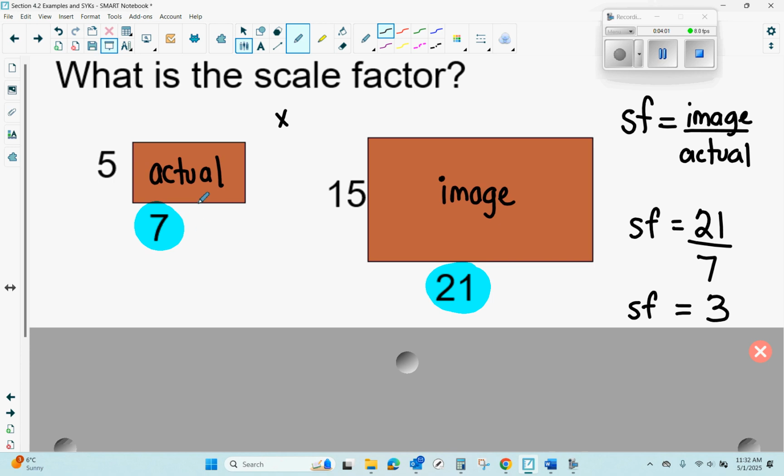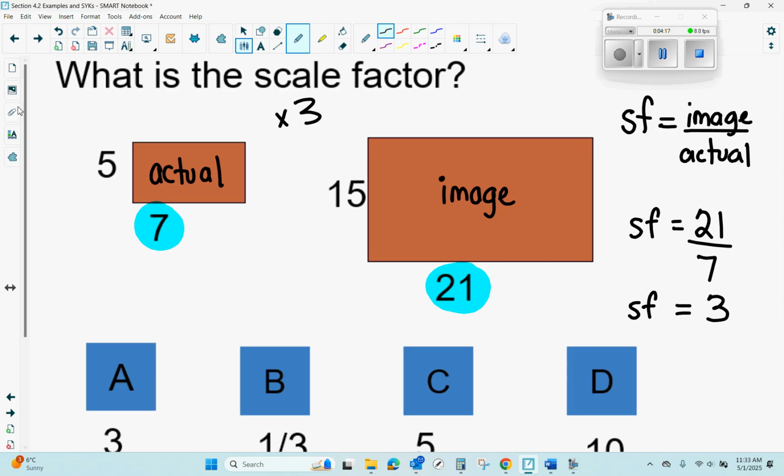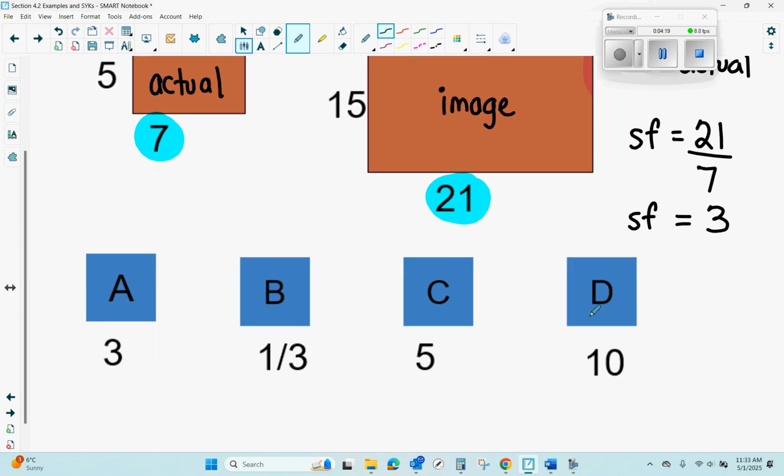Okay, and that makes sense when you look at it. The picture got 3 times as big. And if I multiplied the bottom by 3, then the side, if it's a true enlargement, should have also gotten multiplied by 3. Okay, so my scale factor here would be A, 3.